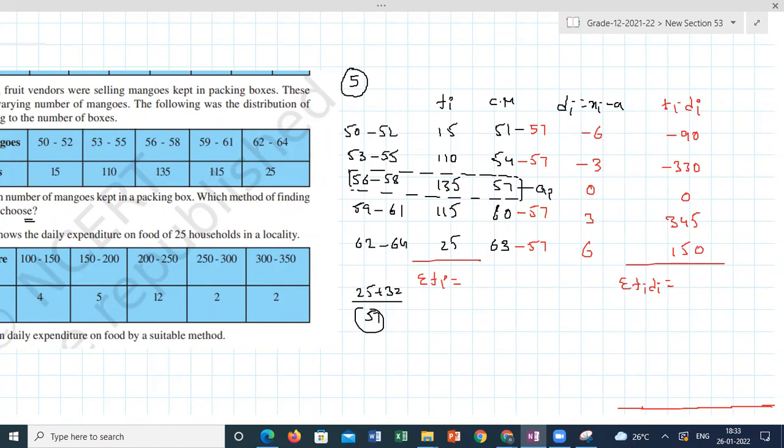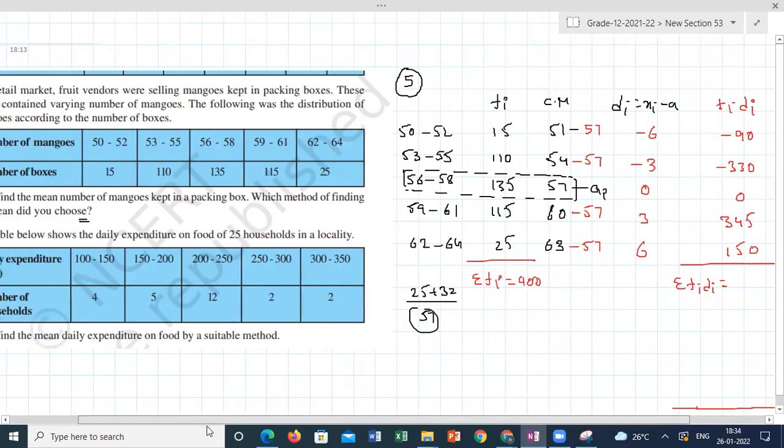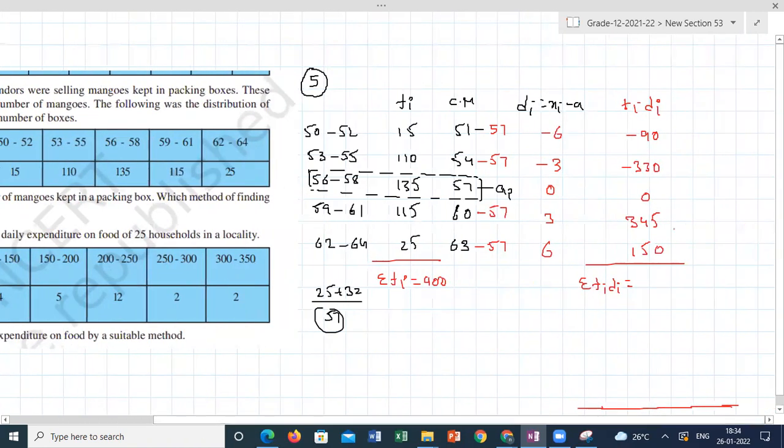What is the sigma fi? Sigma fi is 400. What about sigma fidi?